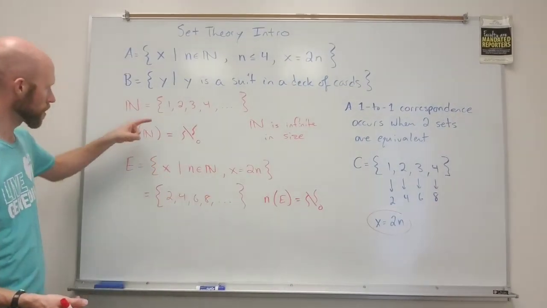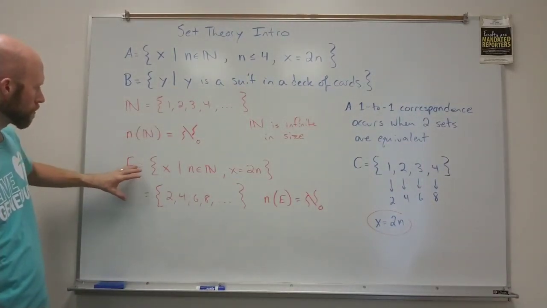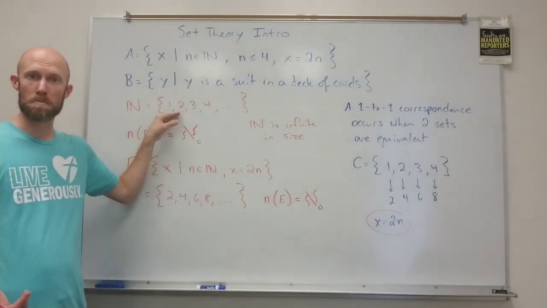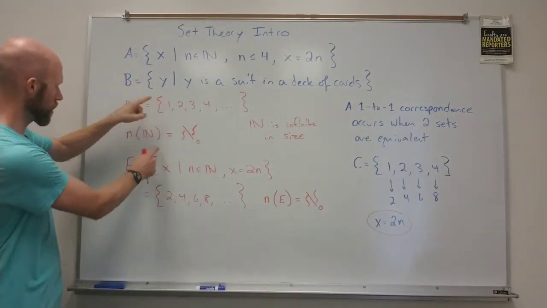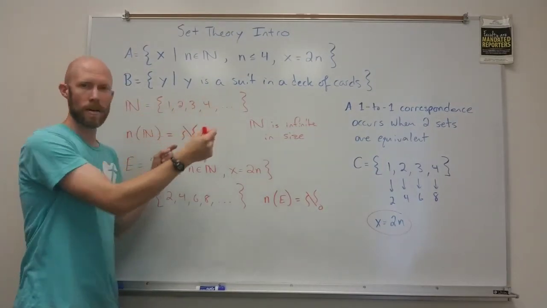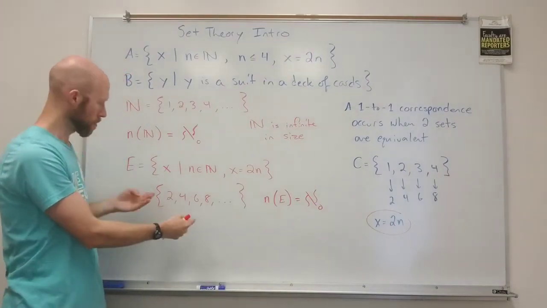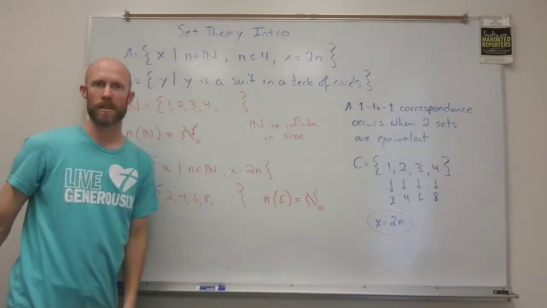Okay? And so what we have here are two interesting sets. What's interesting about it is that all of the elements of E are also in N, but notice it's missing an infinite number of them, right? So it's missing all the odds. If I took N and pulled out every odd number, which is an infinite set, I get the exact same size set, because I can still correspond one-to-one every element of both sets.